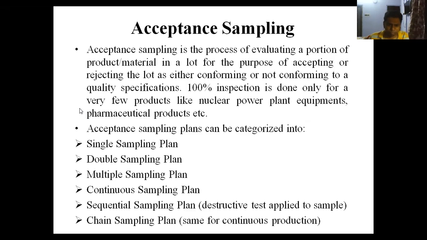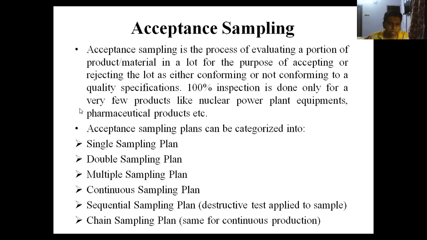If the sample is defective, then you might face some problems, but if the sample is okay, then there is no problem. But in case of destructive testing, you cannot use the sample again. So in these types of cases, sequential sampling plan is required.